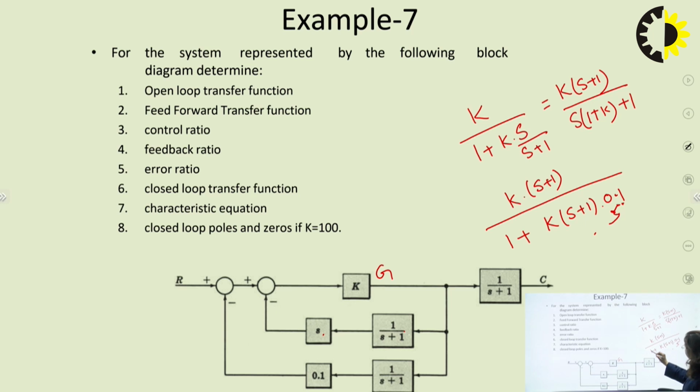Or in place of this 1, it becomes S multiplied by 1 plus K plus 1 multiplied by 1 plus S. So this is the overall transfer function of this block.